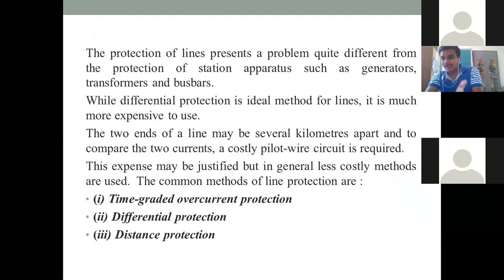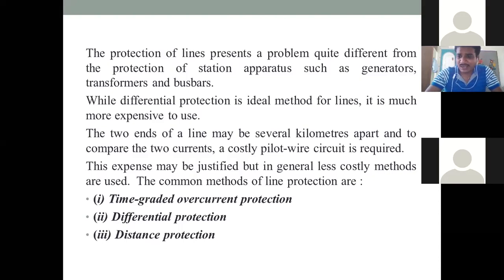These are located at a particular place. For example, for transformer protection we can use devices like the Buchholz relay. If a fault occurs in the transformer, it is easily sensed with the help of protective devices like the Buchholz relay. Generators, transformers and bus bars are all located at a particular location.